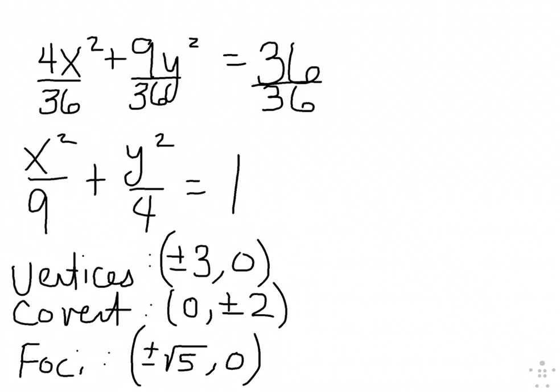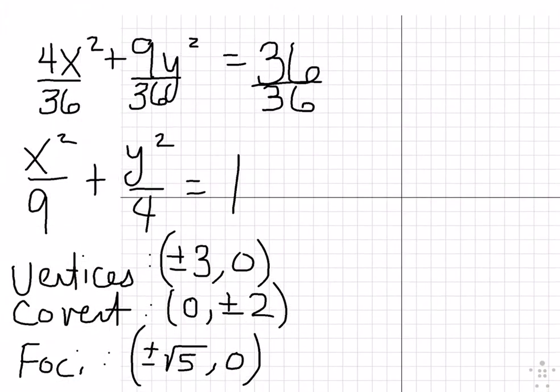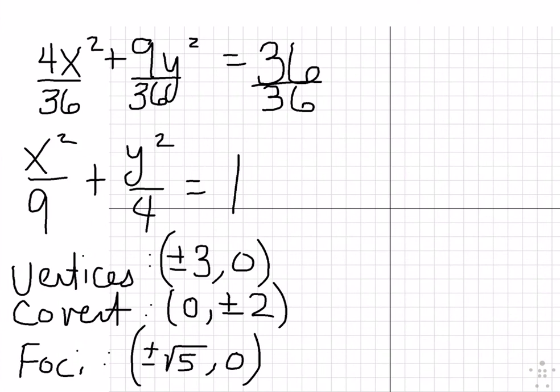Now when it comes to graphing it, I have 1, 2, 3 on the x's. 1, 2, 3. 1, 2. 1, 2. If I put the foci in there, it's 2 and a little, just past the number 2.